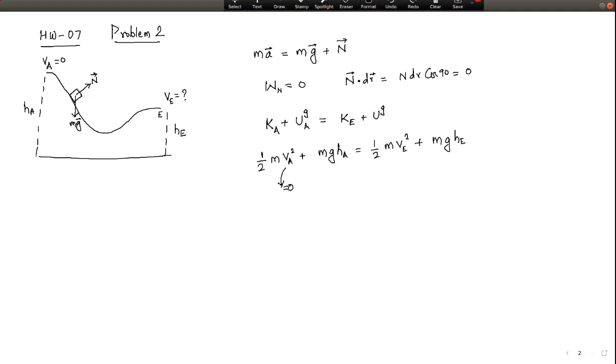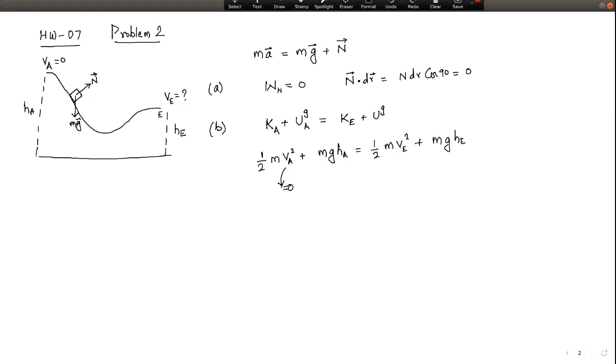So maybe before I proceed, I should say this is part A. Okay? So the work done by the normal force is 0, and at this point we are working on part B. So just to clarify what part of the problem I'm working on.